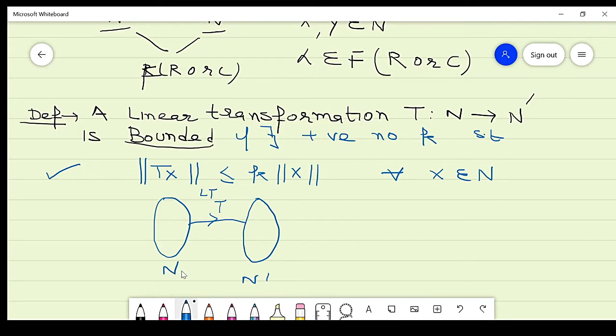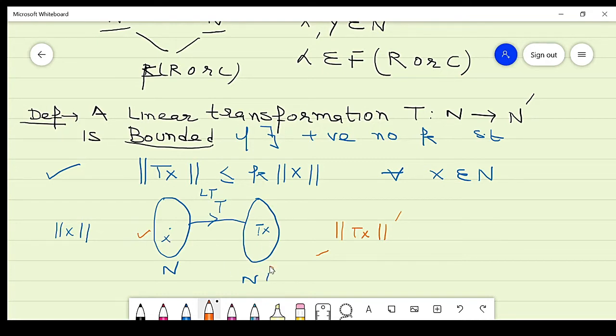So N has its own norm and N dash has its own norm. Clear? So if x is an element of N, then it has norm of x. Its image is Tx, which has a norm in N dash. These two norms may be different and they may be the same. In the definition we are using the same notation, but they may be different.